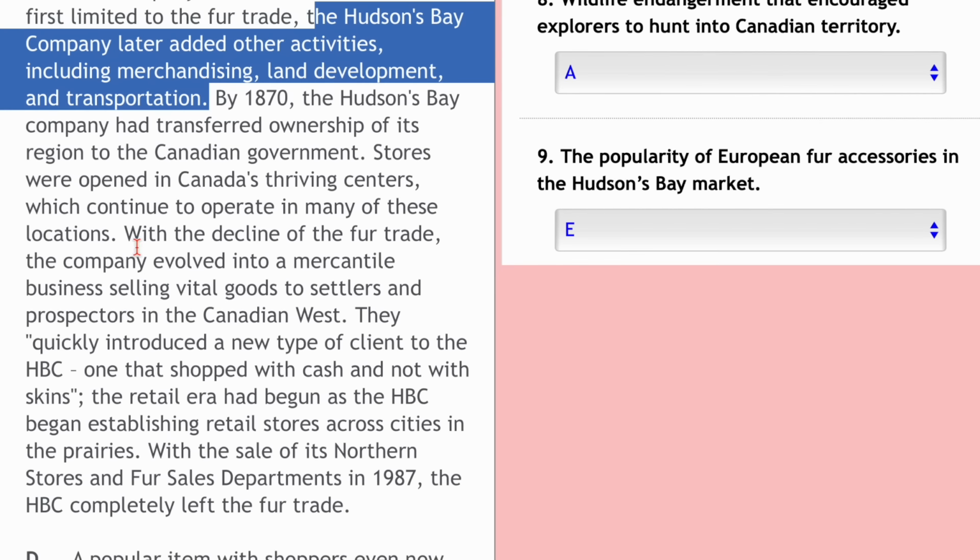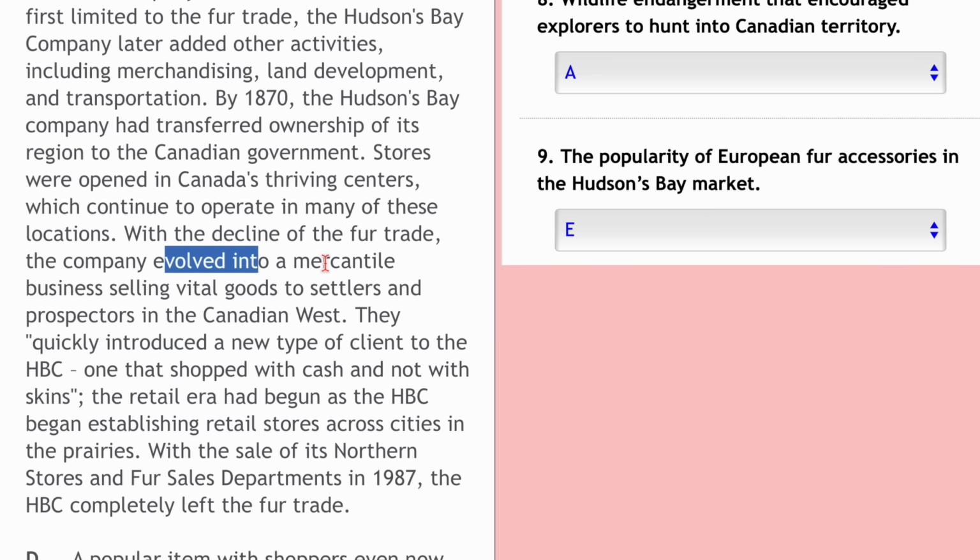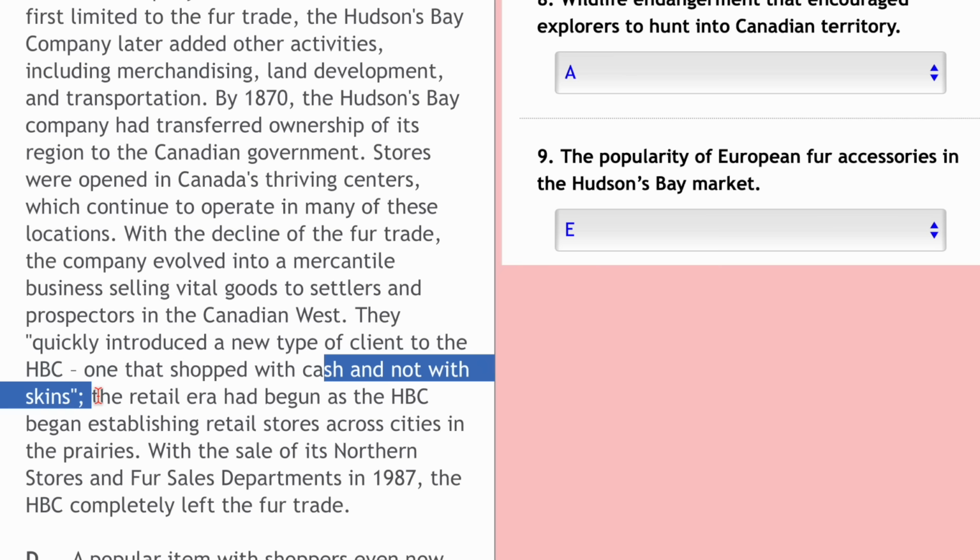Let's continue. With the decline of the fur trade, the company evolved into a mercantile business selling vital goods to settlers and prospectors in the Canadian West. Many people were coming to Canada, the Canadian West, so Hudson's Bay was selling many products. They quickly introduced a new type of client to the HBC, one that shopped with cash and not with skins.